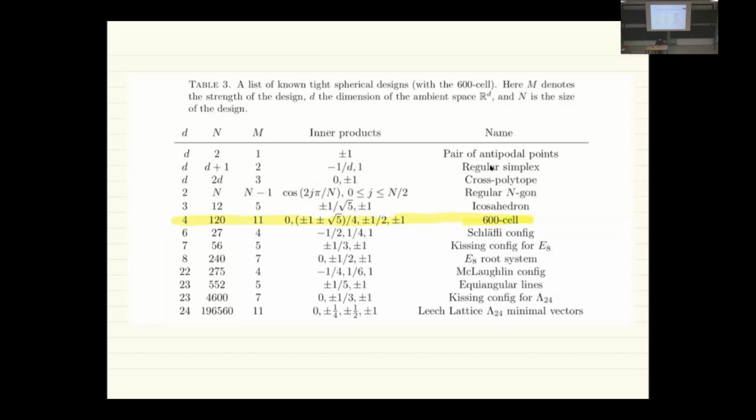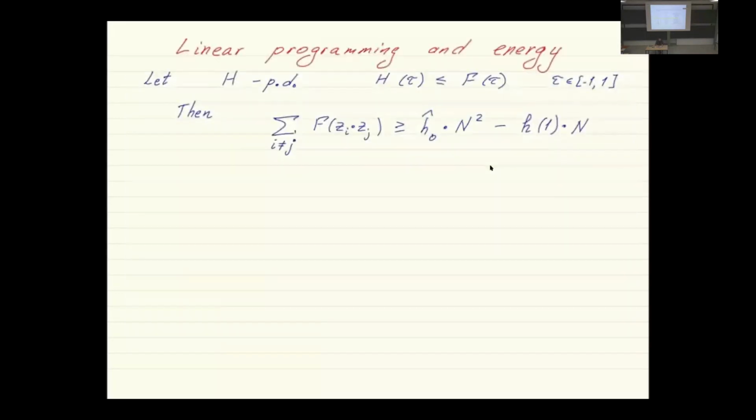Okay, and I will return to tight designs in a moment, but right now I want to show you how to relate energy estimates to linear programming and to positive definite functions. We already know that if your kernel is positive definite, then you know exactly what the energy minimizer among measures is. That's sigma, the uniform measure.